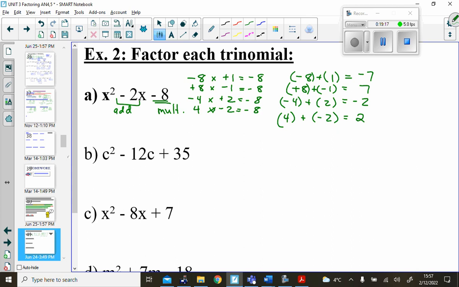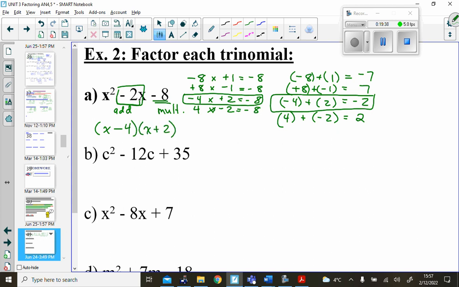Which one of those adds to give negative 2? Is this set of numbers right here. So the numbers of negative 4 and positive 2 are the factors you choose. So you break this up into x minus 4, x plus 2 as your factors.